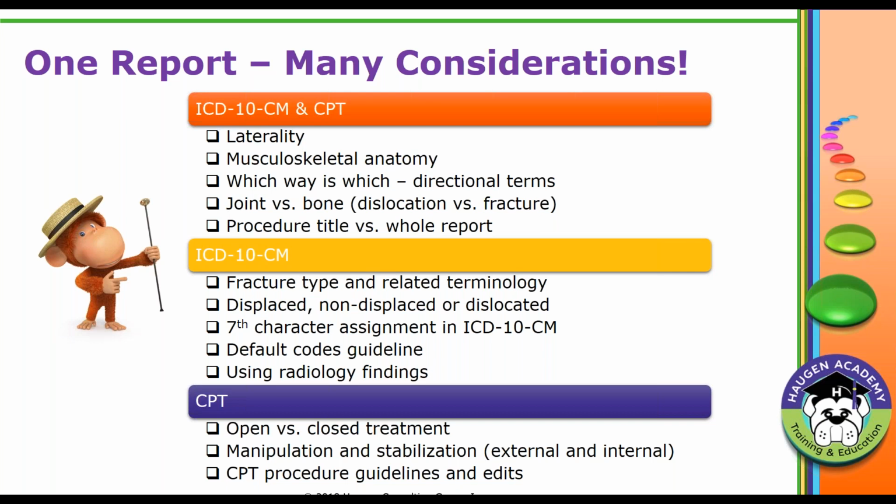We're going to use some radiology findings to help support our ICD-10 CM code in this case. And then for CPT, we need to know if the treatment is open versus closed. We'll need to know about manipulation and stabilization, whether that be external or internal, and then our procedure guidelines and edits that go along with the CPT procedure codes.